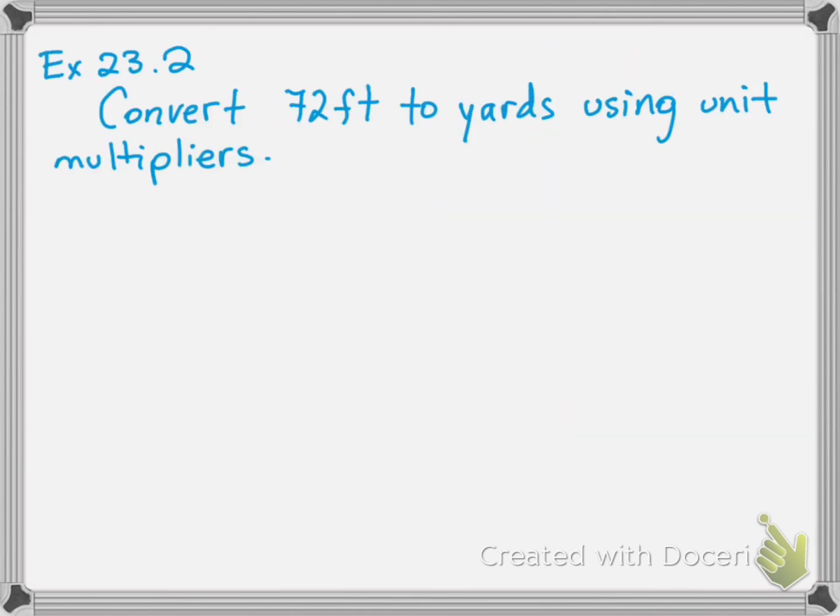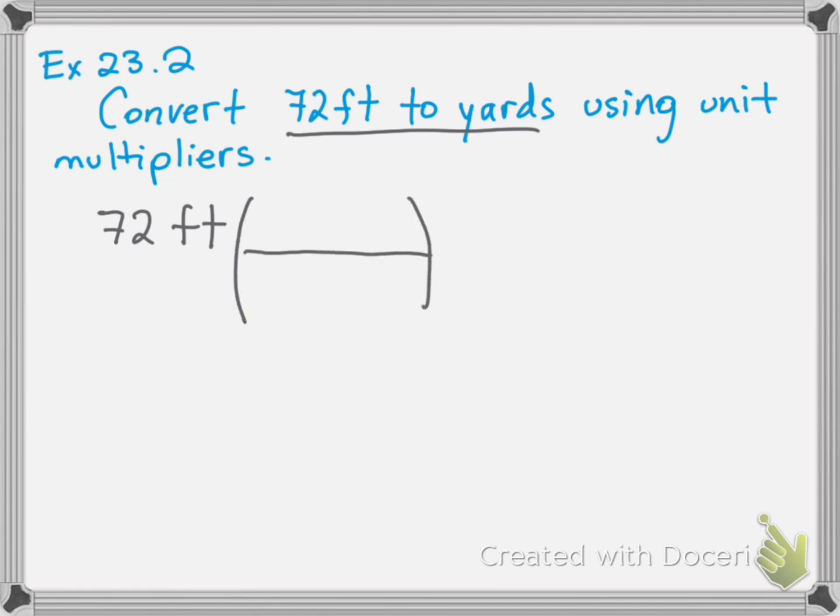In this one, it says convert 72 feet to yards using unit multipliers. So again, I'm going to write the 72 feet. And I'm going to put my unit multiplier going to the next level. Remember, that's super important. Then I'm going to write the unit that I'm starting with. I'm going to write it on the bottom, always, so that they can cancel each other.